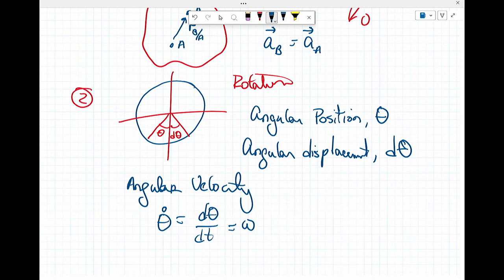Go ahead. I'm sorry, the angular displacement, wouldn't it be theta plus d theta? Yeah, I'm just sort of showing a displacement. So d theta is just a displacement. So total displacement would be theta plus d theta in the end.